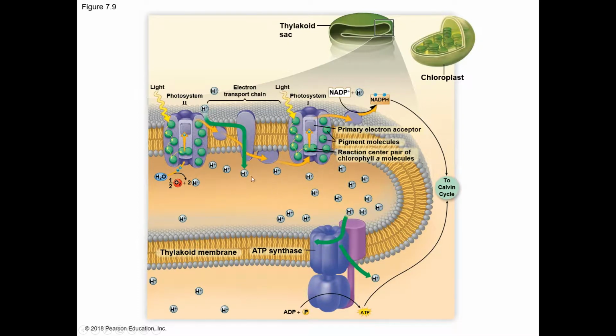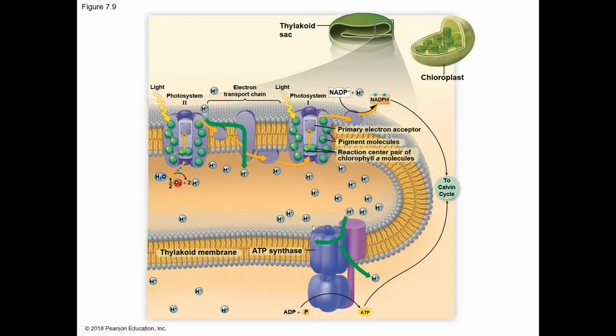The problem is they can't leave through the ETC, and they can't leave through the photosystems because they are polar, okay? They have a charge. So they can't just easily go through the phospholipid membrane. They have to go through some type of channel. Well, that's where ATP synthase comes in. ATP synthase is a super cool membrane protein enzyme that helps to make ATP.